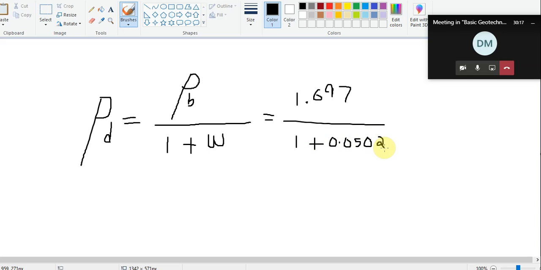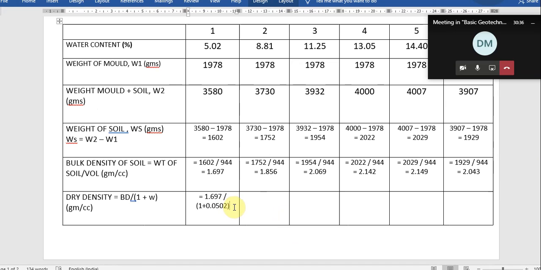Dry density for the first trial, 1.697 divided by 1 plus 0.0502, is 1.615.